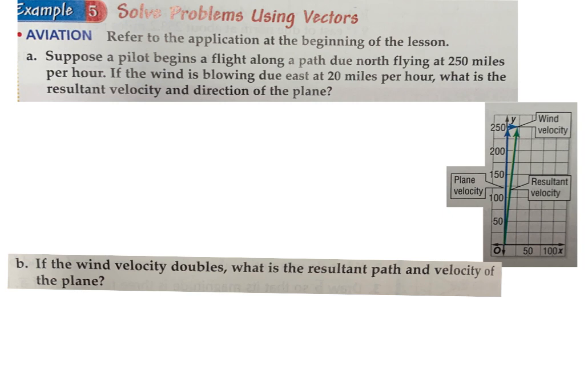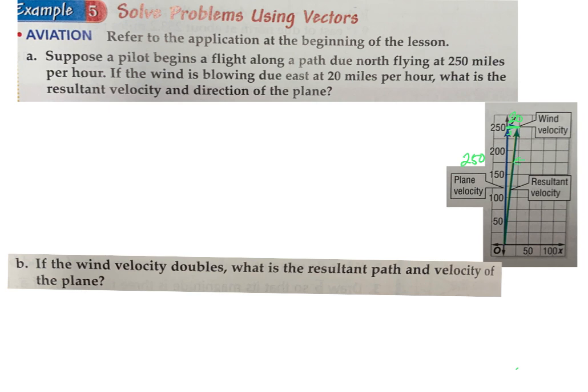So basically what they've said is he's flying due north, right? Which looks like this. Hopefully we all know what north is. Wind is blowing 20 miles an hour due east. All right, due east. Now what that creates is right here a 20. So we have 20 there. We have 250 here. And they want to know what's happening here.